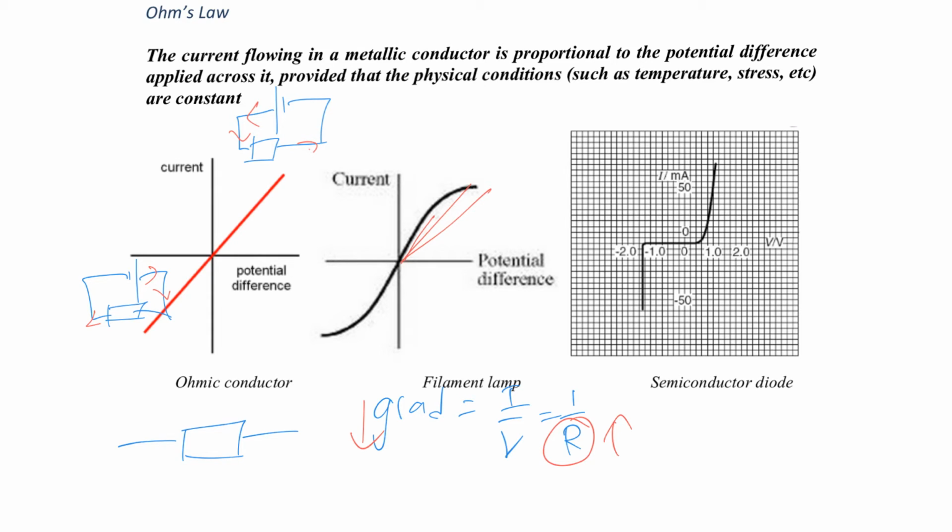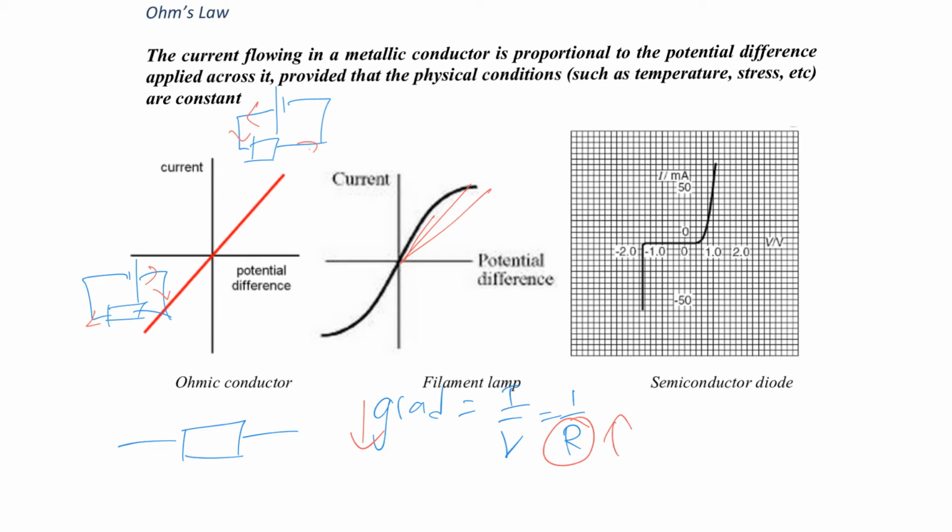So when the atoms vibrate faster, the electrons find it harder to pass through. Understand? Imagine you're trying to walk between two lines of people, but the people keep vibrating, so it's harder for you to walk through them because they'll keep knocking you. So you will actually slow down. That is why when temperature goes up for a conductor, the resistance goes up, because you don't get extra electrons, but you slow down due to collisions.